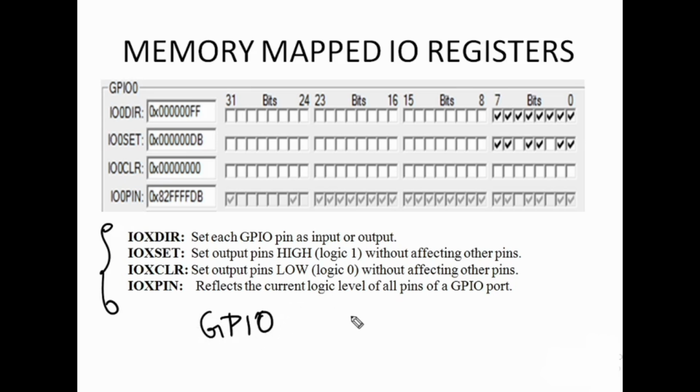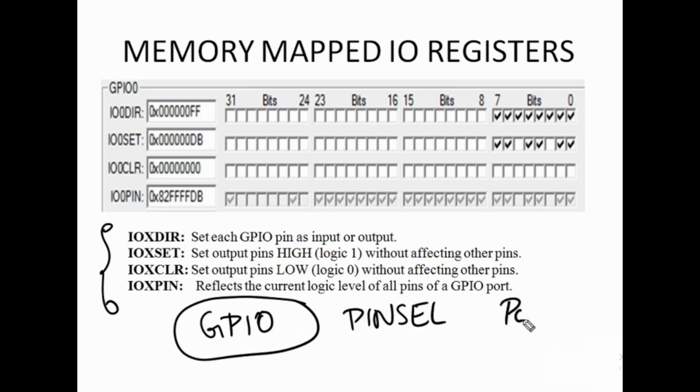Only if we choose pin select bits in such a way that the functionality of a particular pin is general purpose input output, these registers become important. So let's move ahead with the assumption that we have set all port 0 pins as GPIO pins, by setting all pin select values as 0.